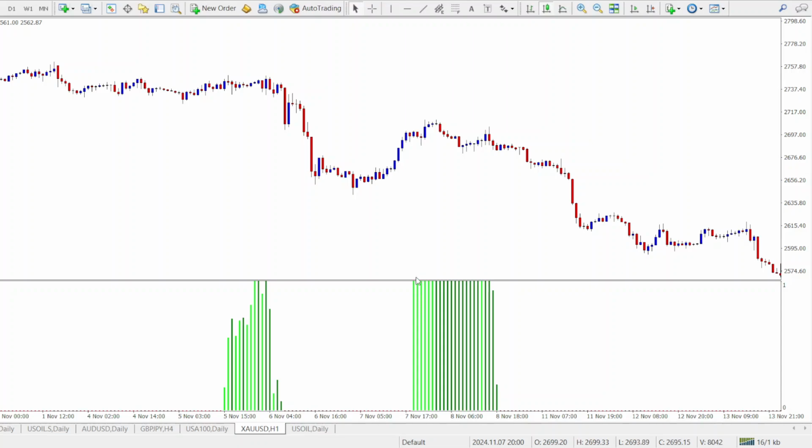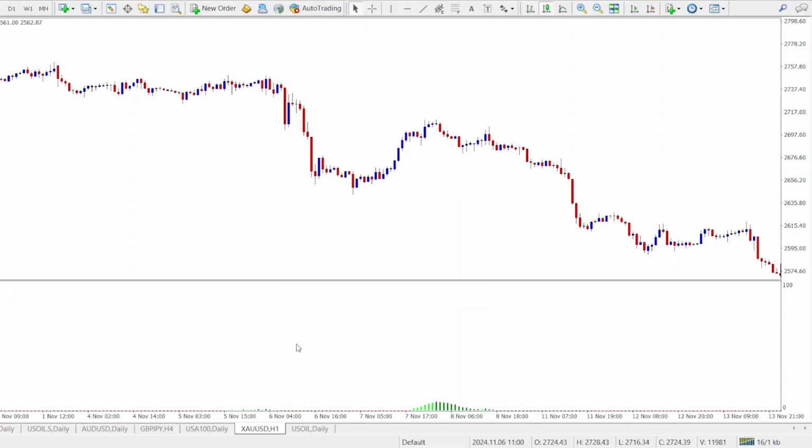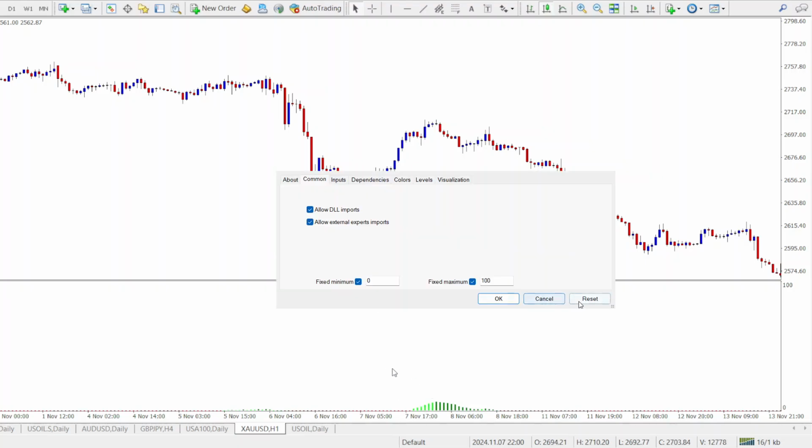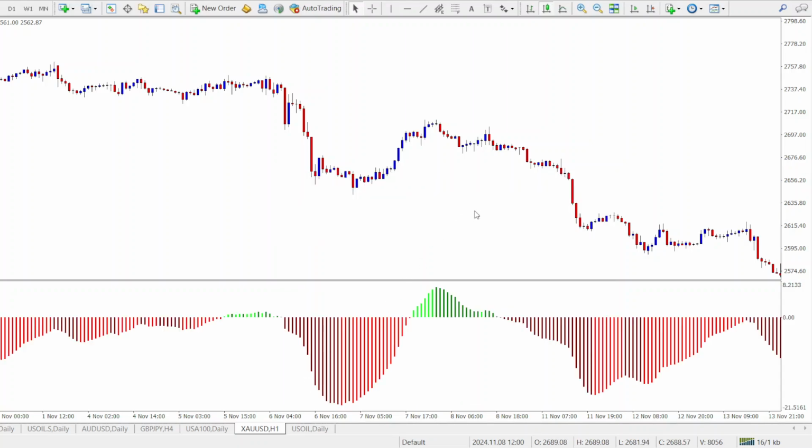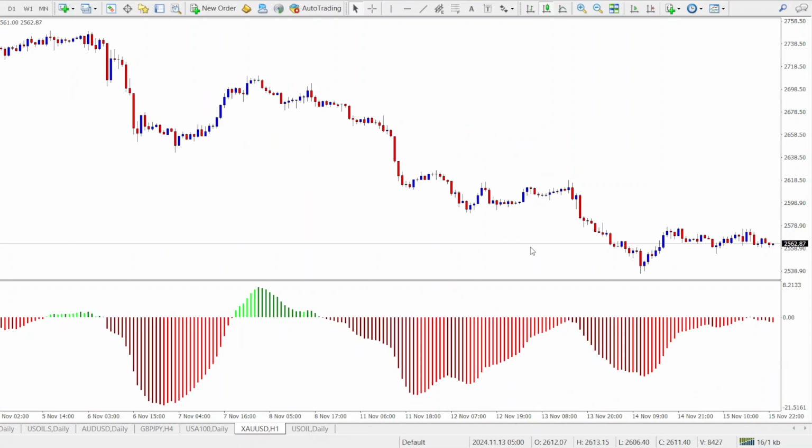All right, I'm just going to reset this to the defaults. Then let's just allow these both. Okay, so we can see this is how it looks, the default settings.